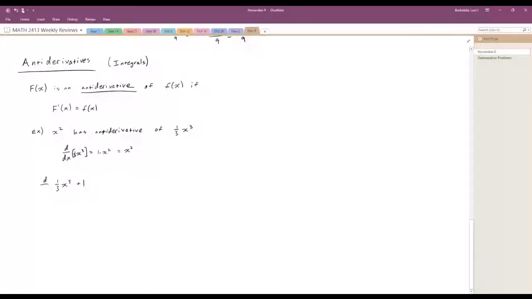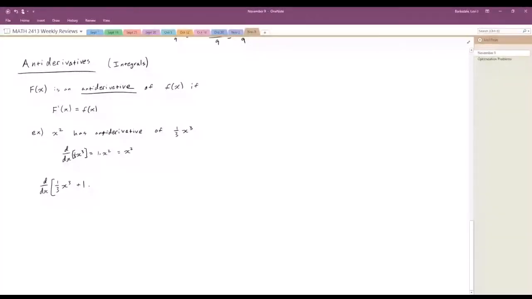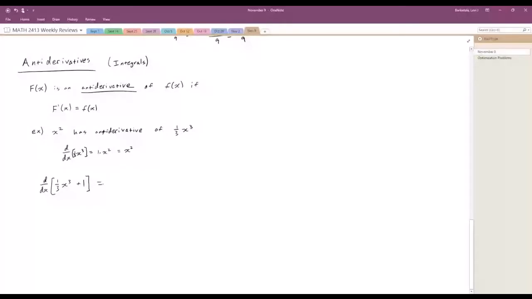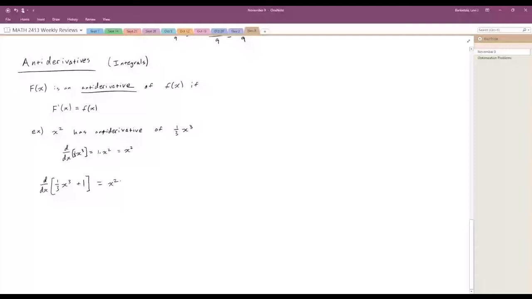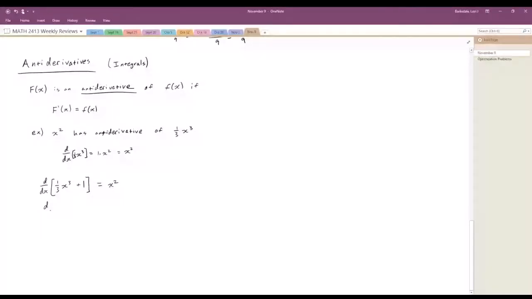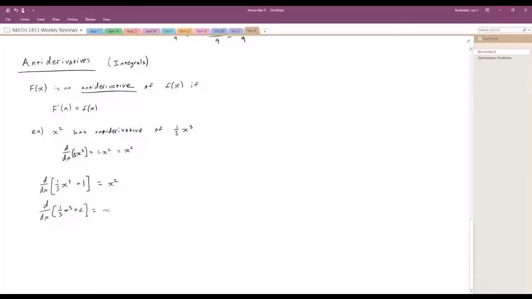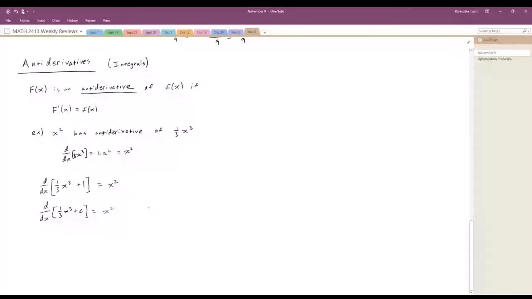Because when we take the derivative of it, we still get that 1/3 x cubed has a derivative of x squared. The derivative of 1 is just 0. And we could, in fact, do this with any constant, because the derivative of any constant is equal to 0.